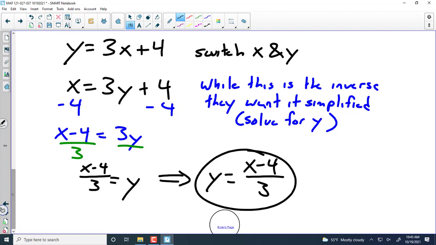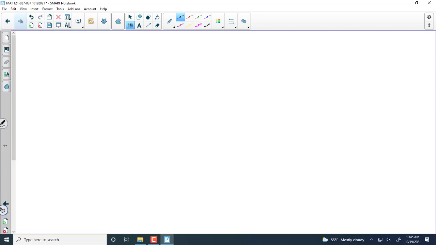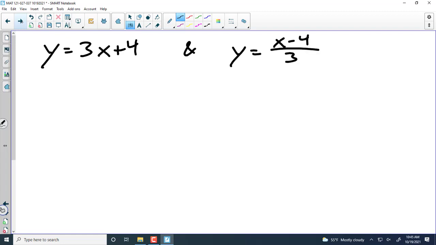So, inverses. Now, y equals 3x plus 4, and y equals x minus 4 over 3 are inverses of each other.